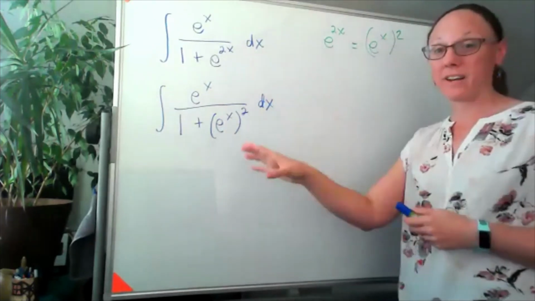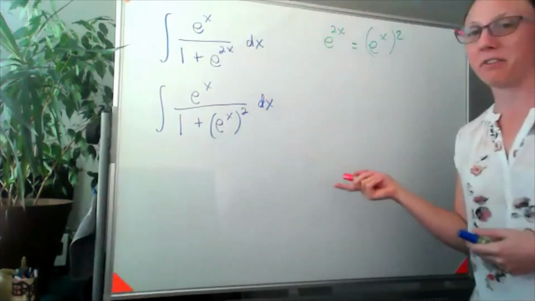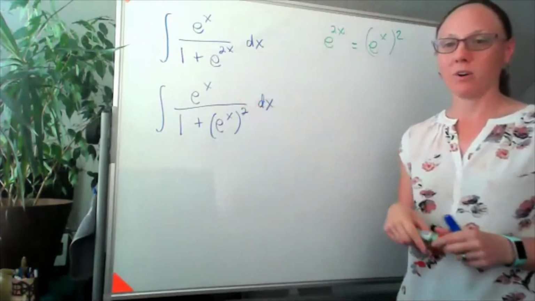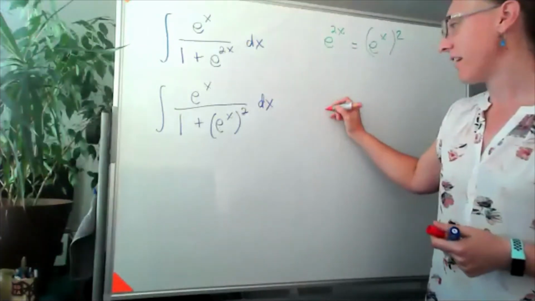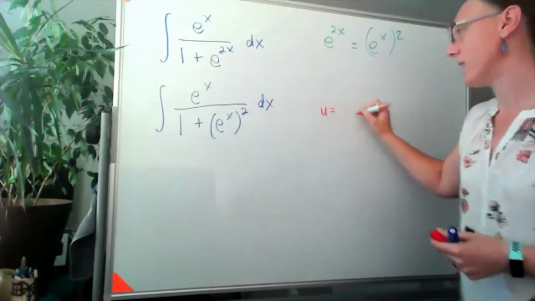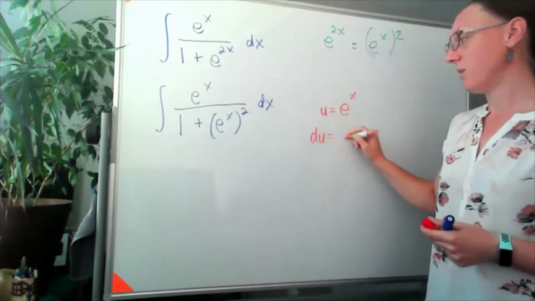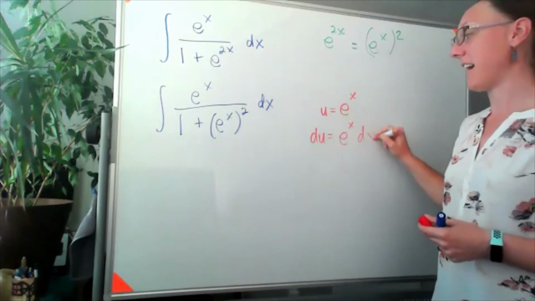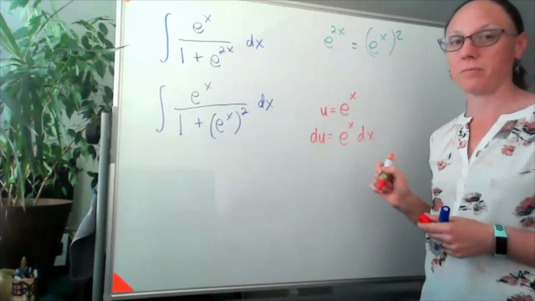And having written it like this, now I can say, oh, hey, is the derivative of one part hiding somewhere else in the problem? Yes, it is. If I come off to the side and build my vocabulary list, u is equal to e to the x, then du would be e to the x dx, because I'm taking the derivative to go from u to du.